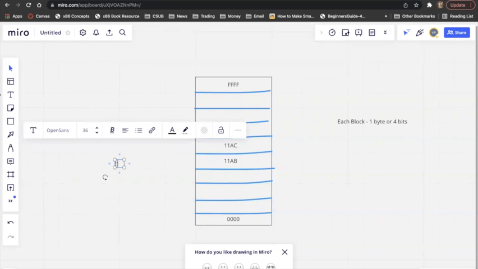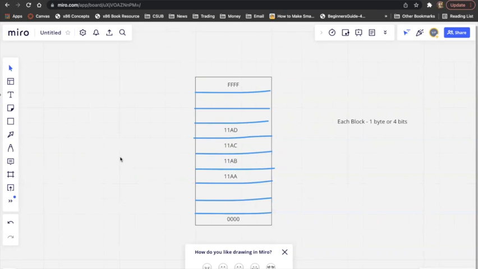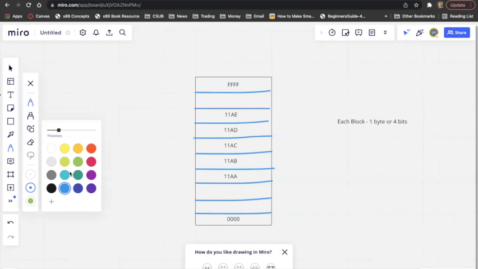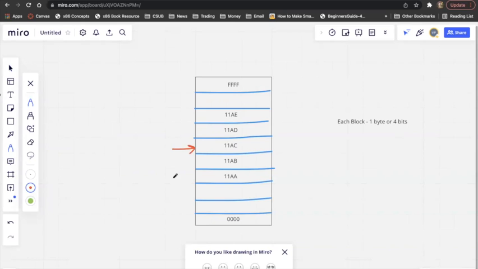Let's do this. 11AA will be here, 11AE will be here, and so on and so forth, right? So we are at this location at this point. This is line 2, right? I'm going to just write number 2 here. So we know line 2 is right here.